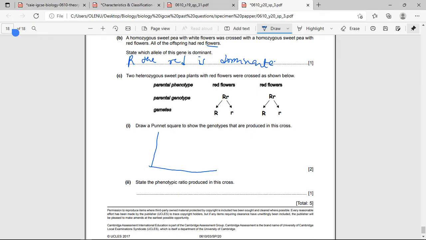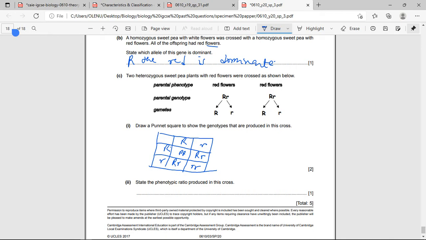I normally tell students 3 boxes: 1, 2, 3, divide this. Now you can bring in the gametes first: capital R, small r. Here, capital R, small r. So this and this will give you capital R, R. This and this will give you capital R, small r, because capital R is dominant. This and this will give you capital R, small r. And this will give you small r, r.